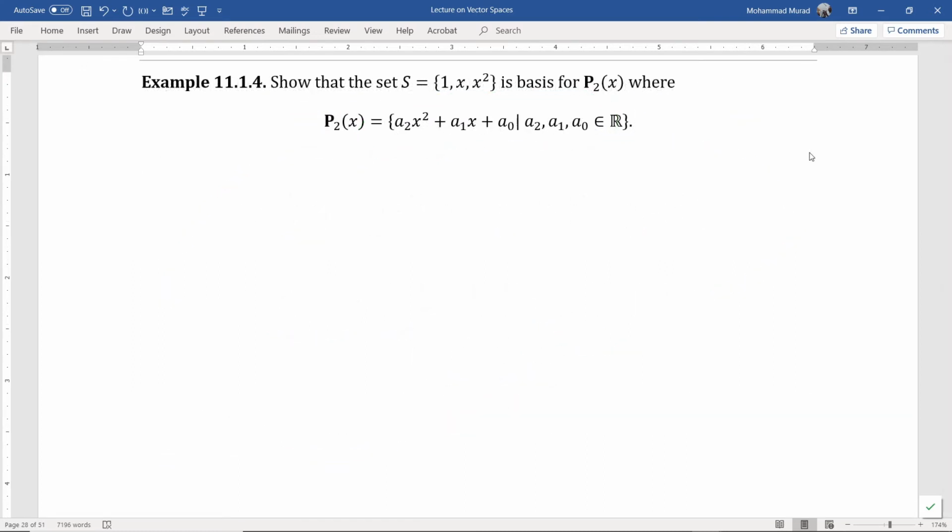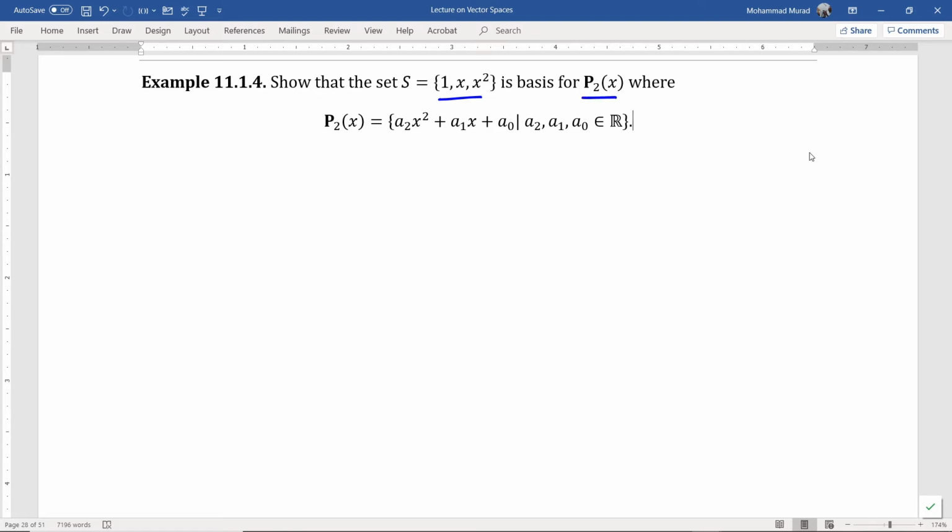Let's have a look at another example. We want to show that the set of these three polynomials, 1, x, and x squared, is a basis for the vector space P sub 2.